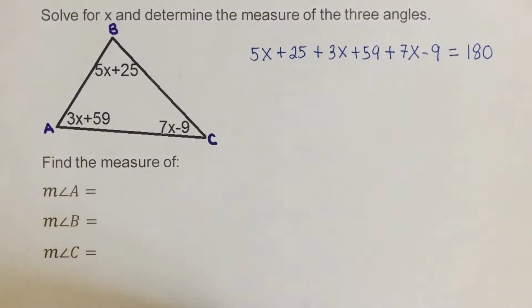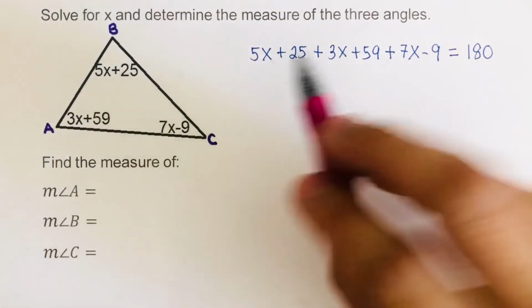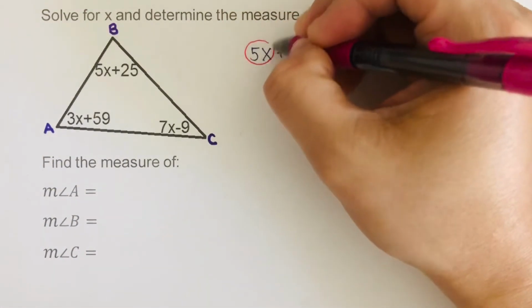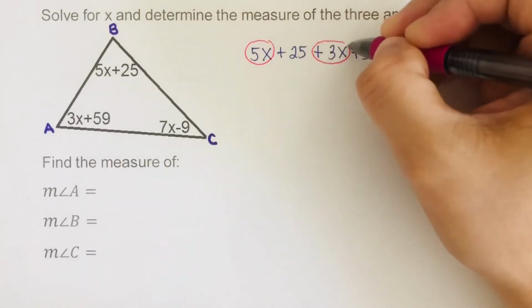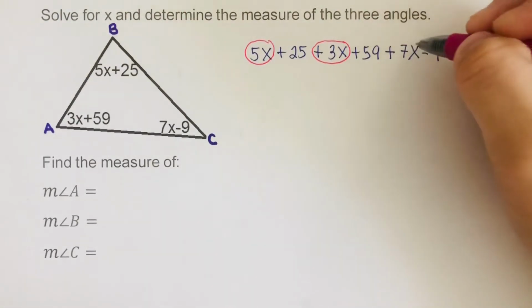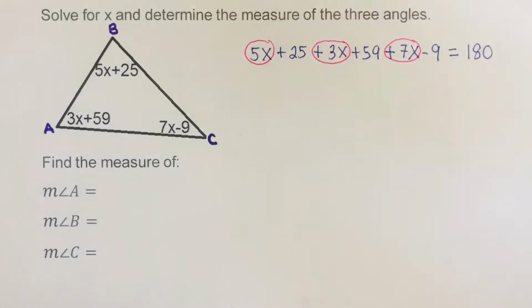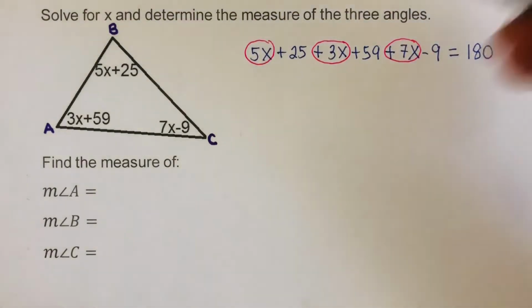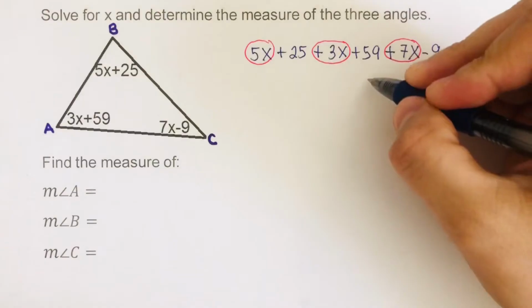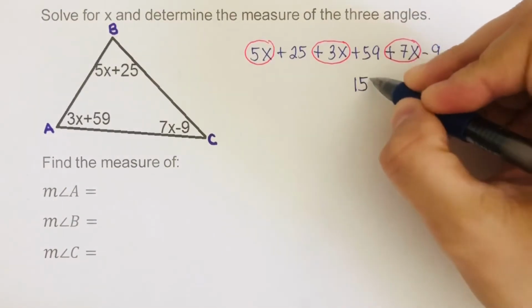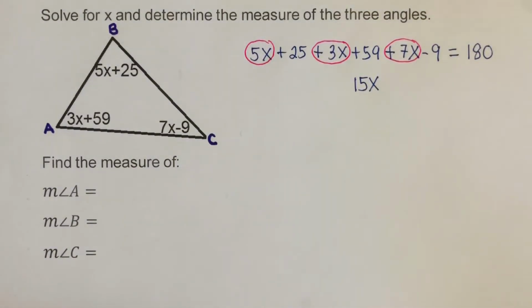Now, the next thing that we are going to do is combine like terms. 5x plus 3x plus 7x is 15x. So I'm going to write 15x here. And then I'm going to combine the constants.